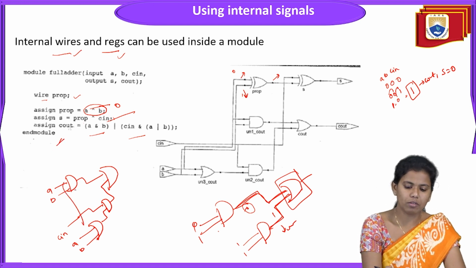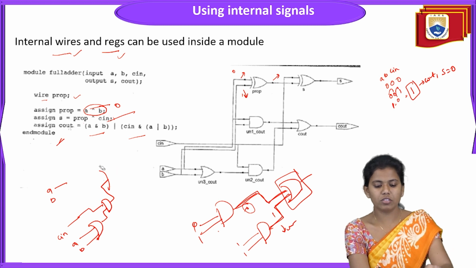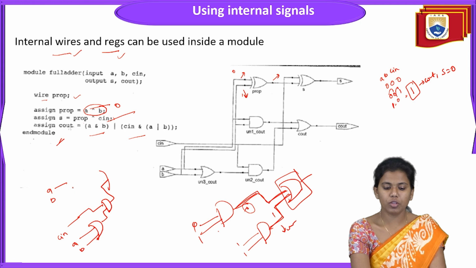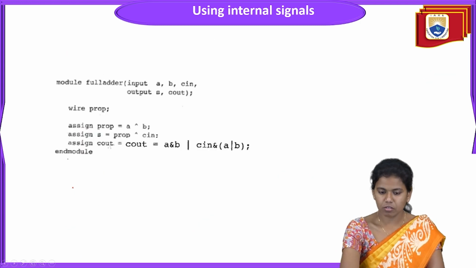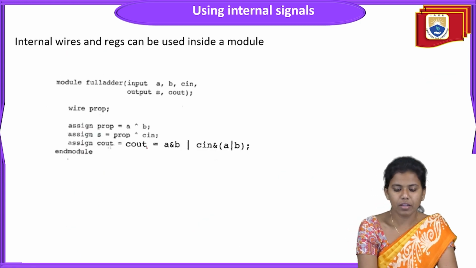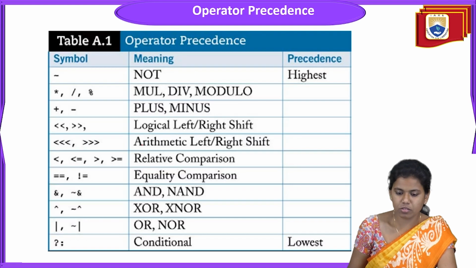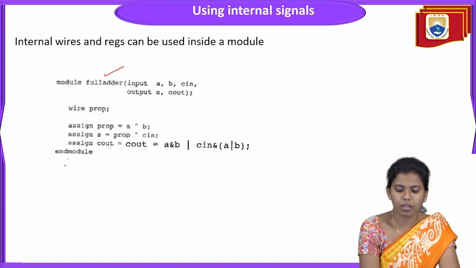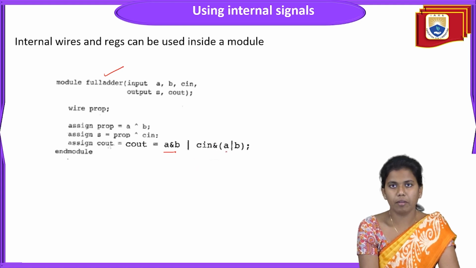So this is all about the internal wires, this is the example with wires. We will see with respect to the registers. Now for the full adder, A, B, C out, same. Assign C out is equal to A and B, or C in and A and B, end module.